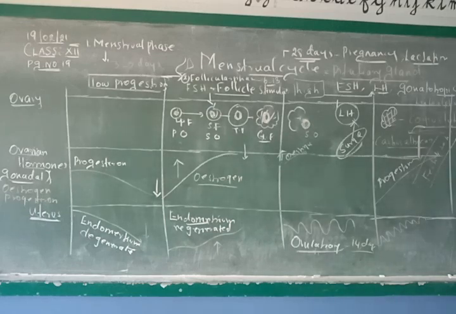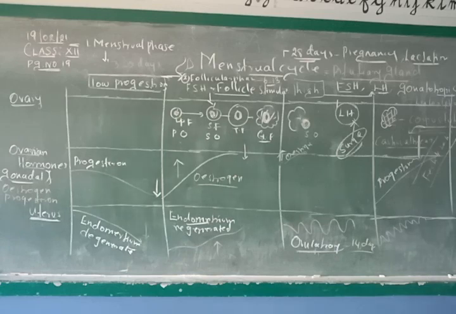The endometrium of the uterus is broken down by the decline of the hormone called progesterone. Actually, during the menstrual cycle both hormones reduce, progesterone and estrogen. So, decline of progesterone.